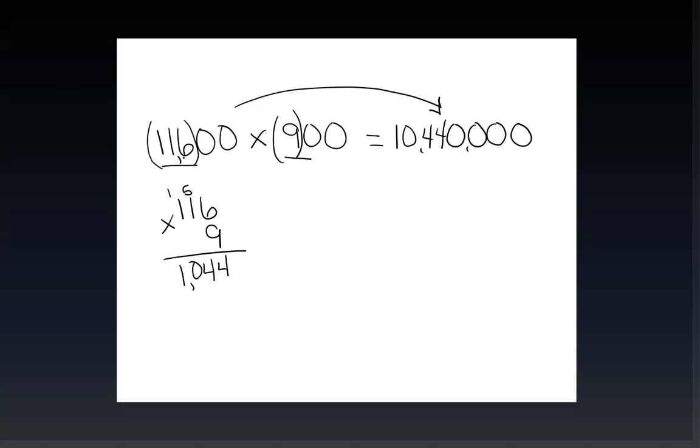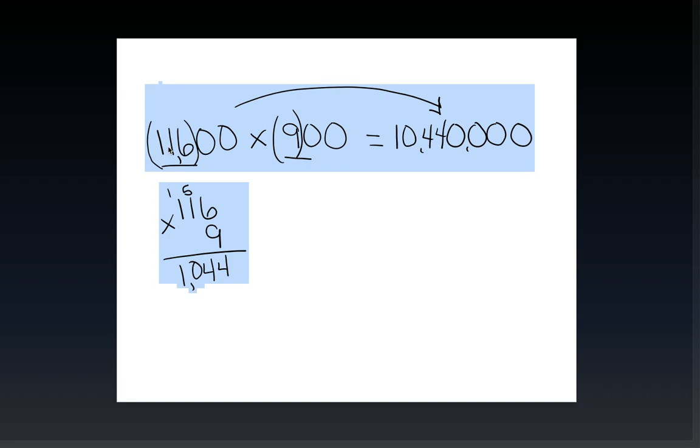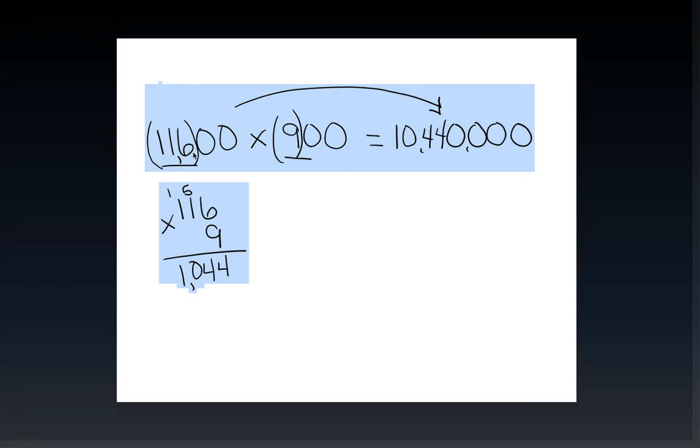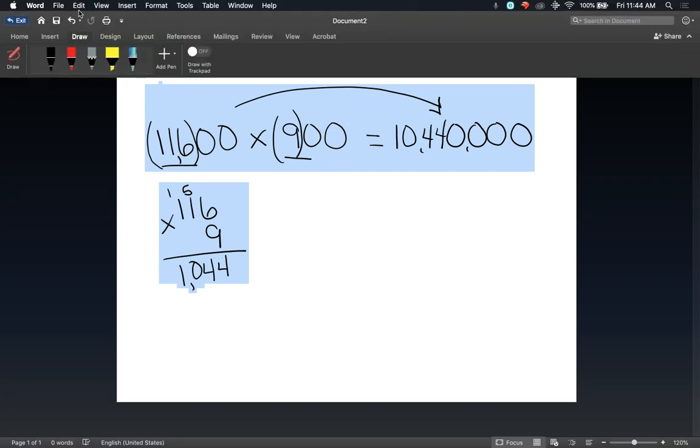So 11,600 times 900 is 10,440,000. So I'm using my same trick, but I'm now doing my multiplication for the numbers that are not zero first. So I'm looking at the beginning of my problem, and then I'm counting how many zeros I have, 1, 2, 3, 4, and I'm adding those zeros to my answer.